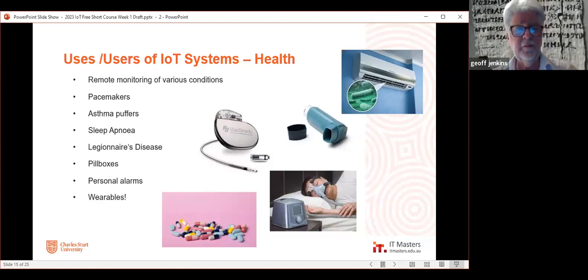So many of these devices have a SIM card in them, and they're collecting data and sending it and receiving it, of course, because it tends to be bidirectional. These are certainly opportunities, because the compliance level is high and people expect to pay for these things and they value their health, so these are good business opportunities.